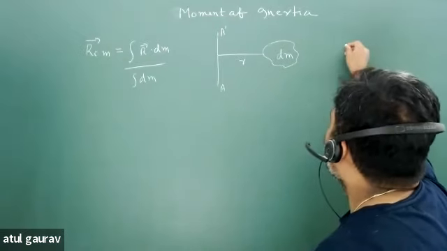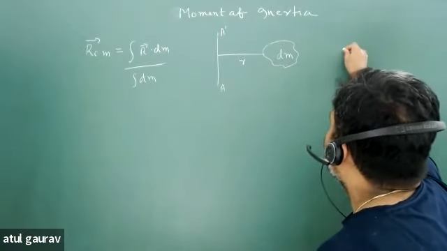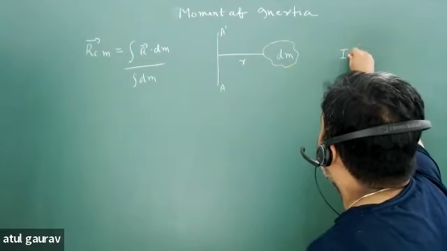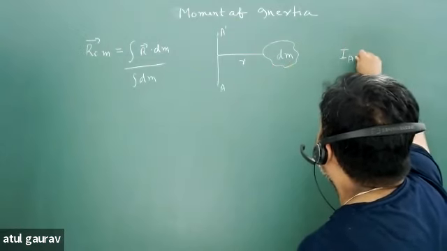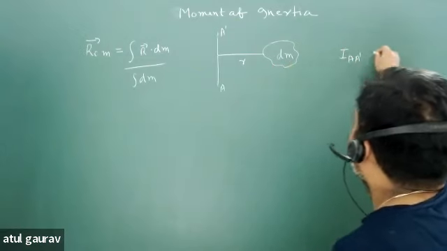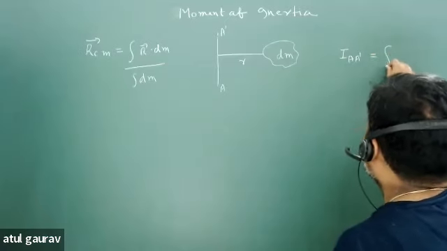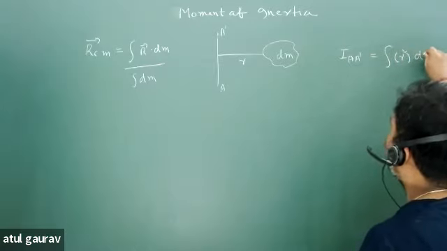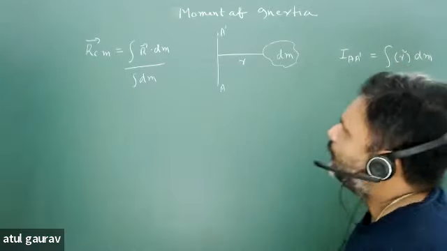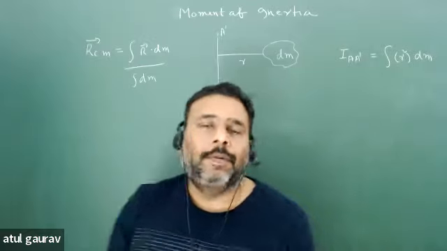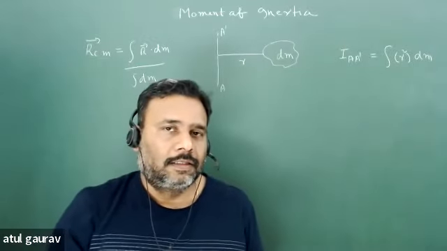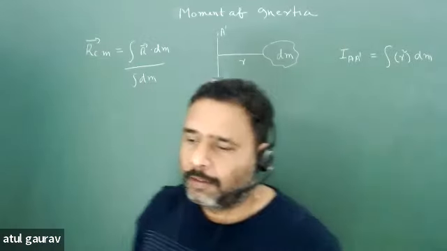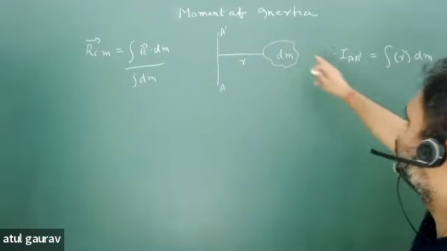So the moment of inertia about a dash is identified as I a dash, that is nothing but r square dm. And what is r? r is nothing but the perpendicular distance from that particular mass element dm.